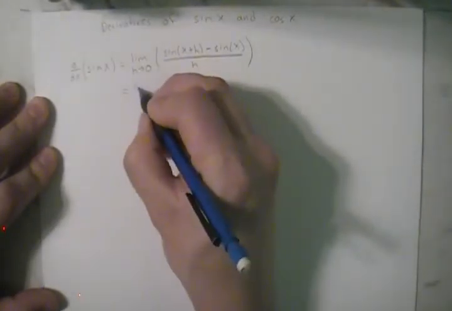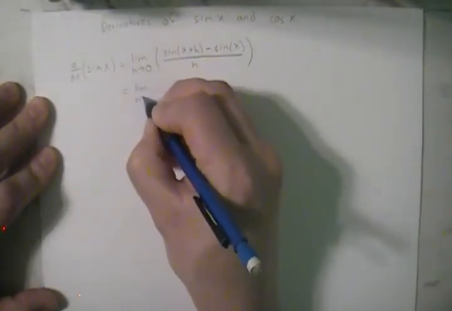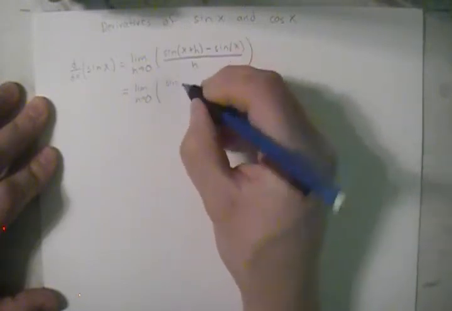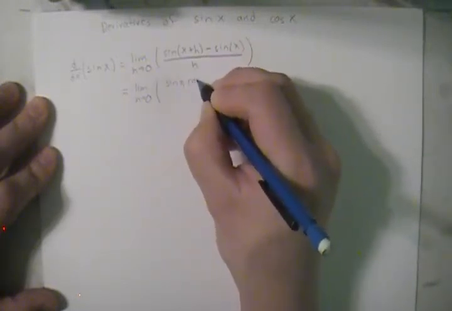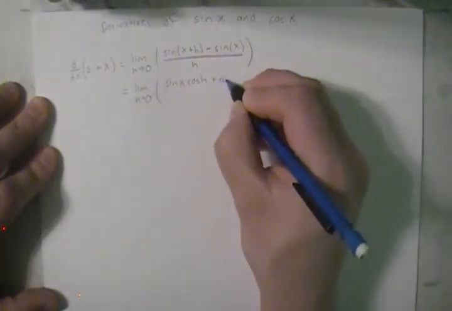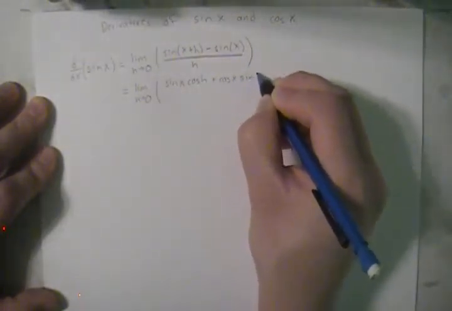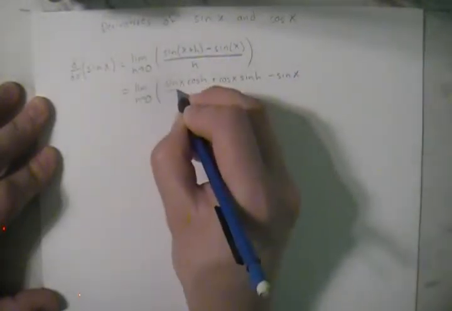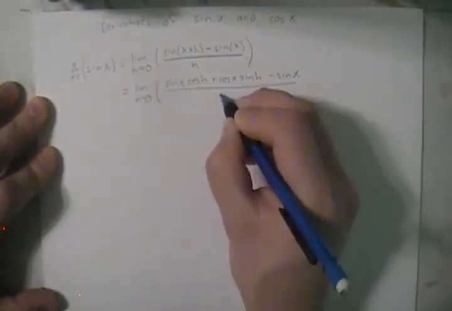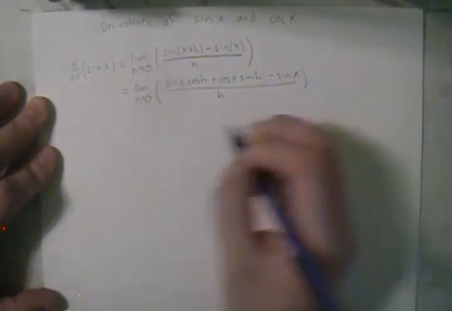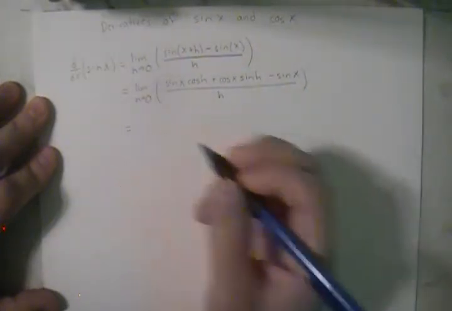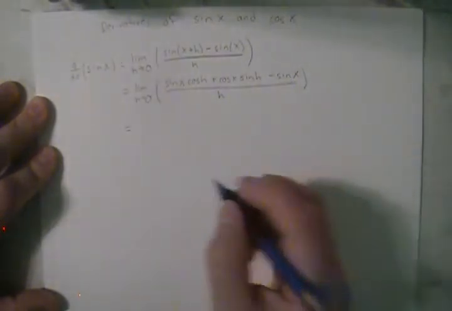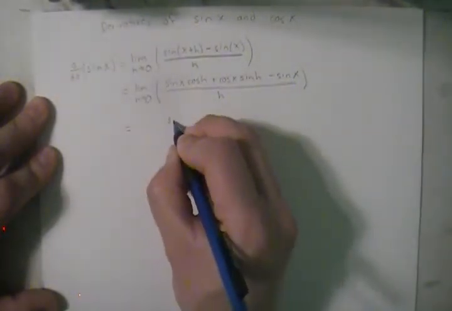Alright, so this is going to be the limit as h approaches 0, and we'll use the angle addition formula. This is going to be sine of x cosine h plus cosine x sine h minus sine x, all divided by h. And here, the first term and the last term in the numerator, we can factor out a sine of x.